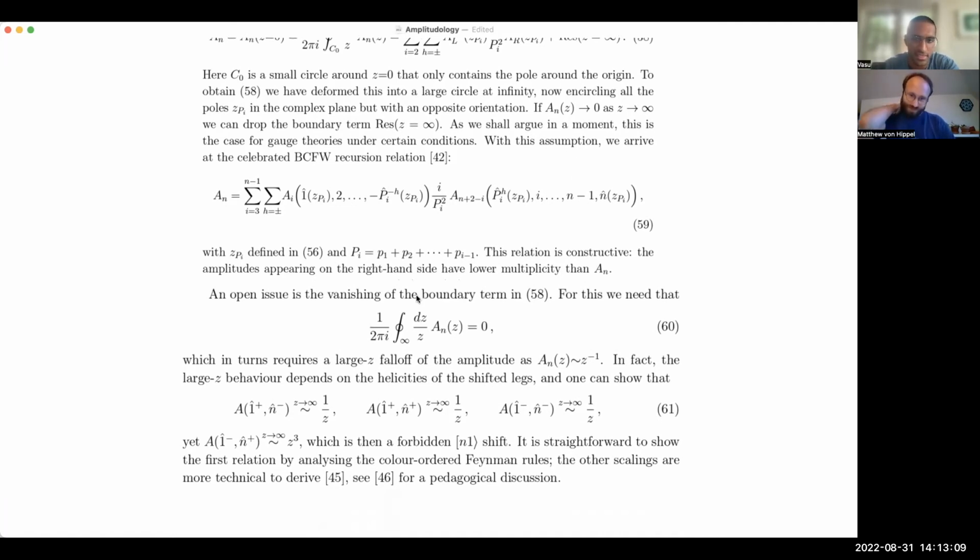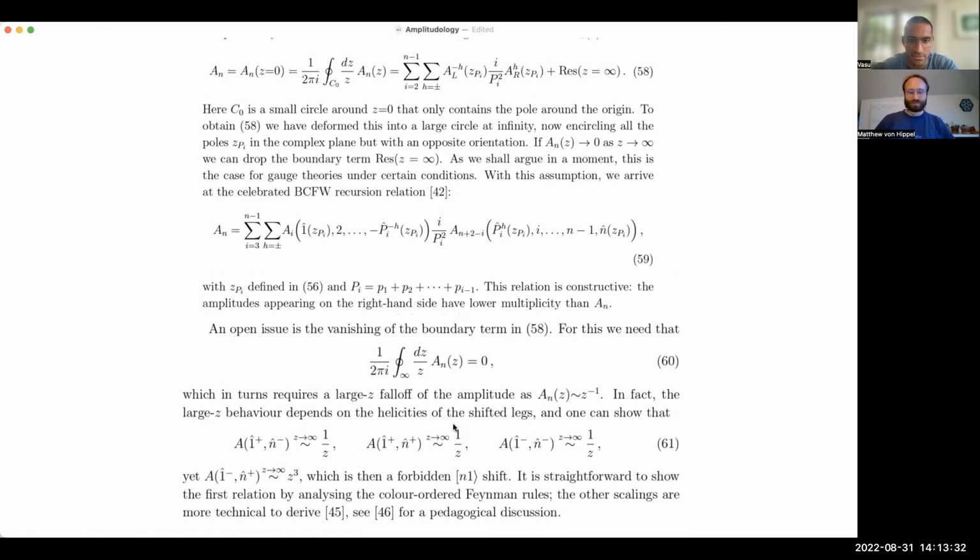But they do talk a little bit about the vanishing of the boundary term, and that's equivalent to just having the contour on the circle at infinity rather than the origin, and that sets some falloff for what A_n of z should be. That just goes to a criterion that the amplitude must satisfy that needs to somehow be checked.